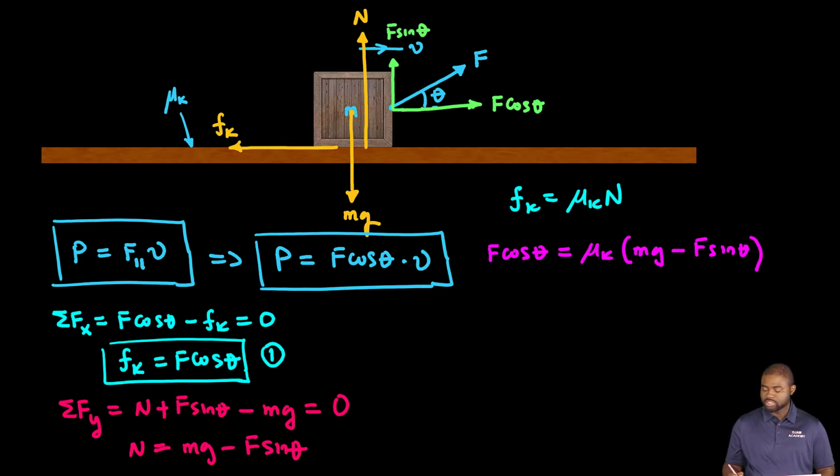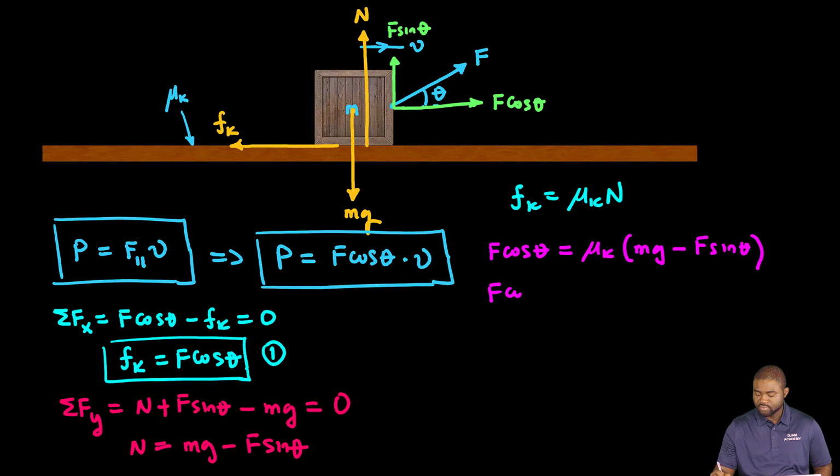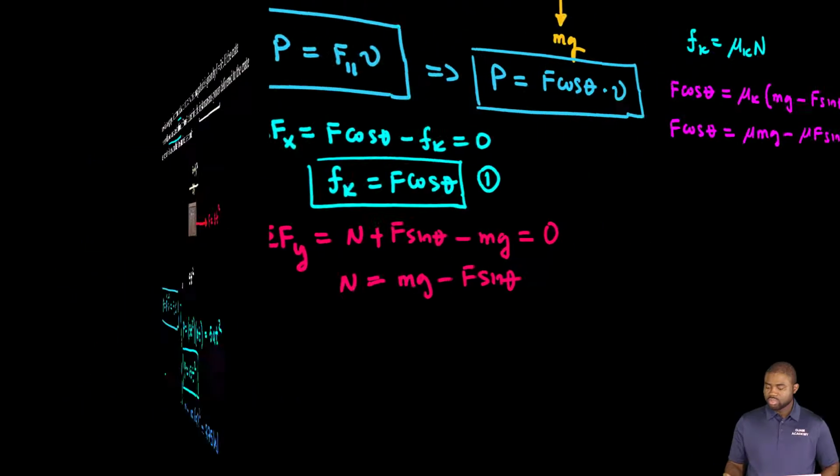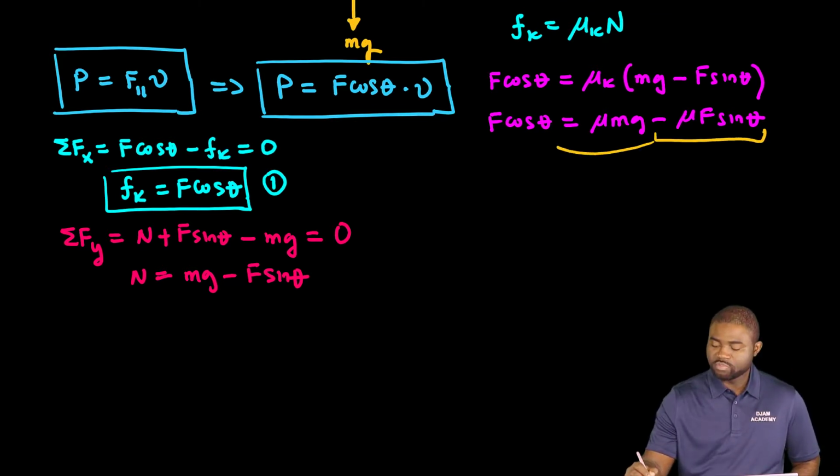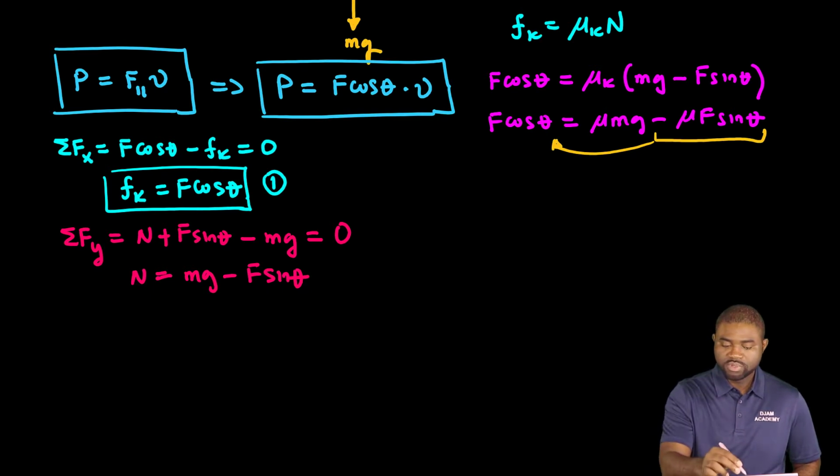Now we can expand the bracket and factorize out F. So we will have F cosine theta equal to mu mg minus mu F sine theta. In other words, if we take this term to the opposite side, it becomes positive.